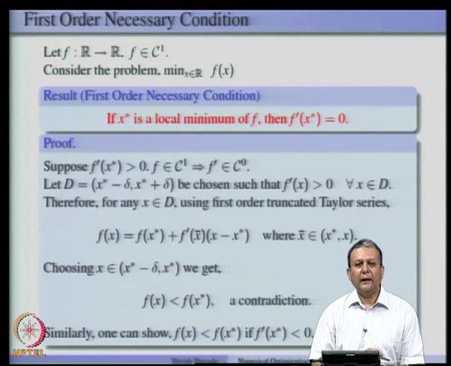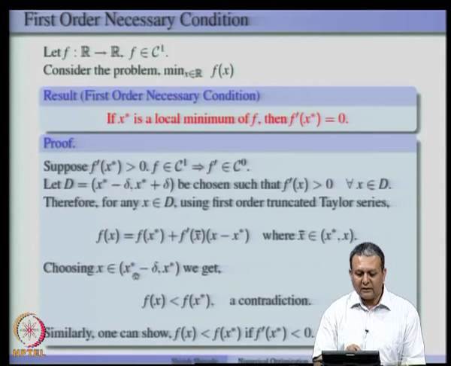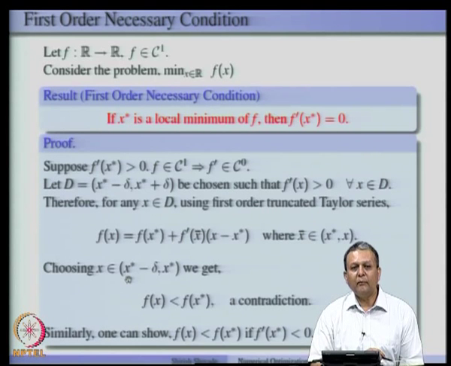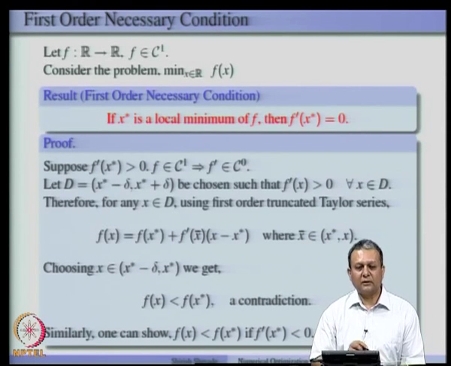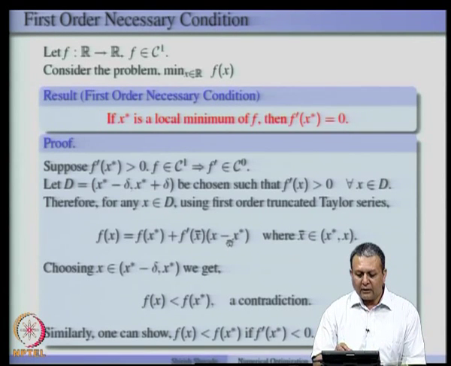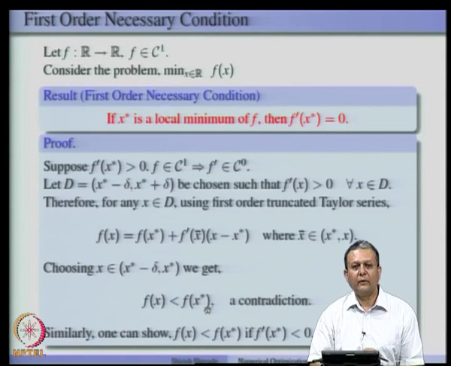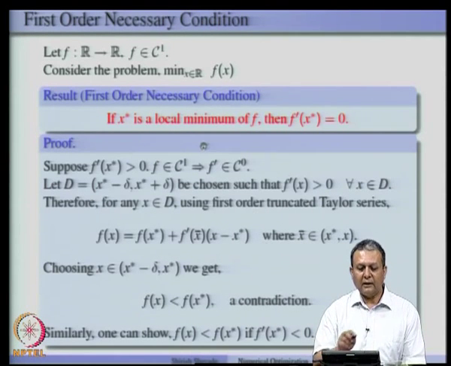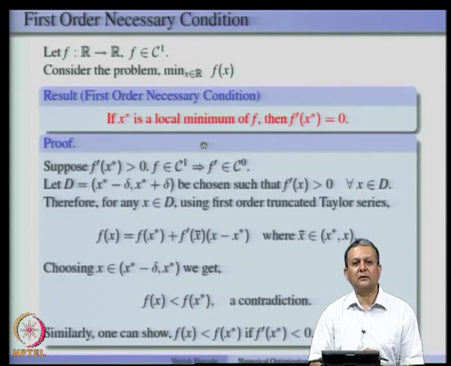Then x minus x star becomes negative because x lies in this interval, and f dash x bar is greater than 0. Therefore, f of x will become less than f of x star, and that contradicts the fact that x star is a local minimum.